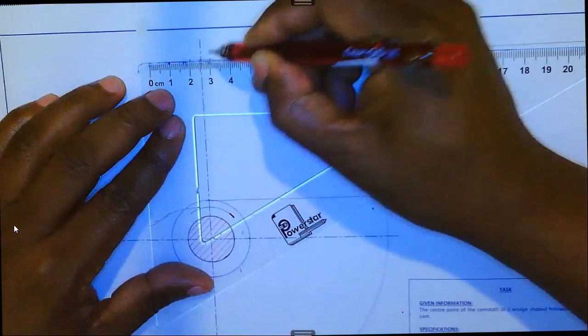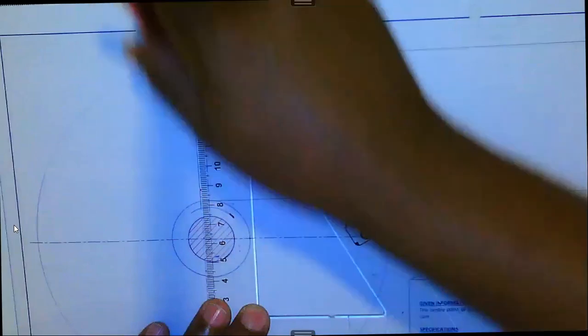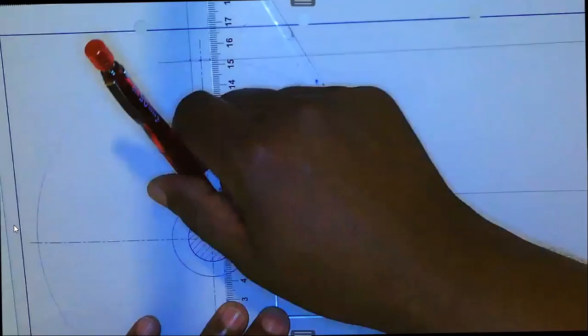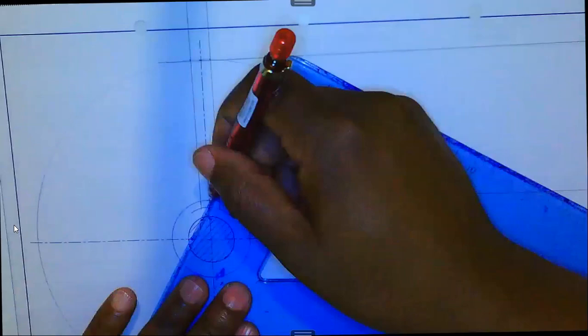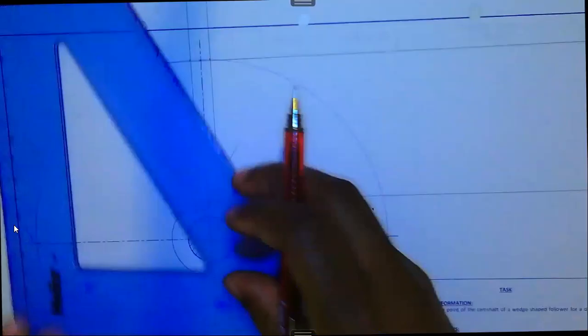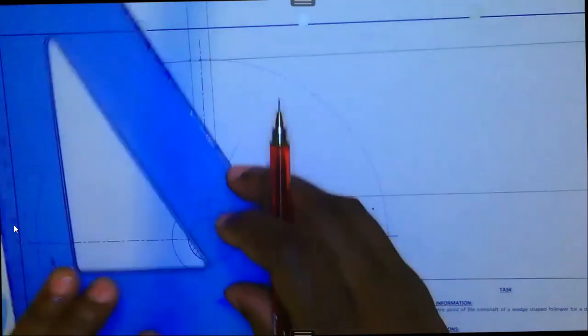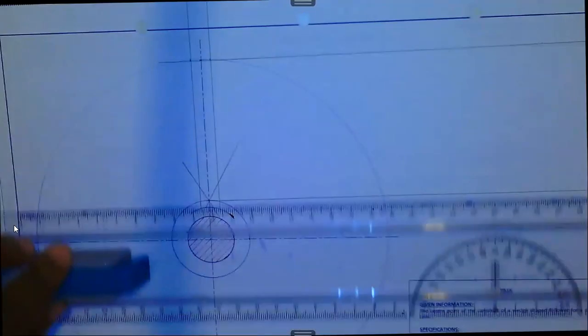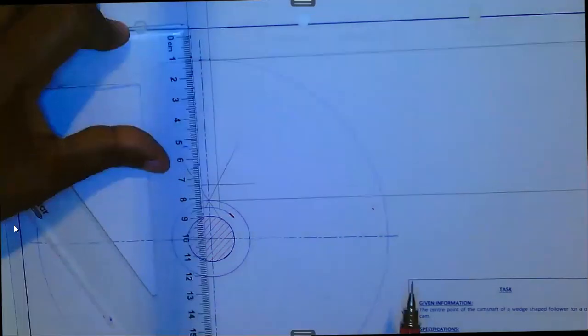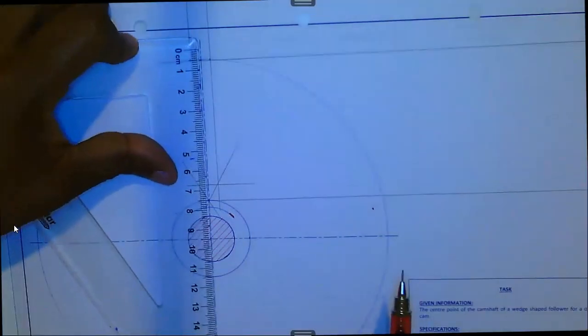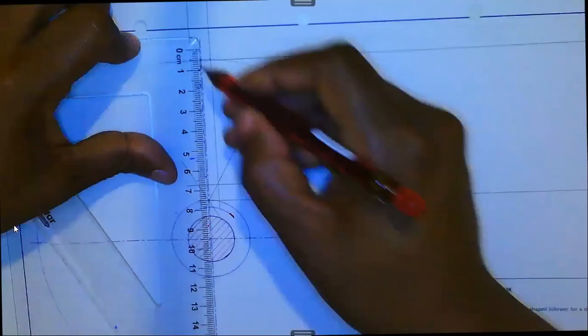Then we take this one up like that. We measure 75 from here, and mark it there.